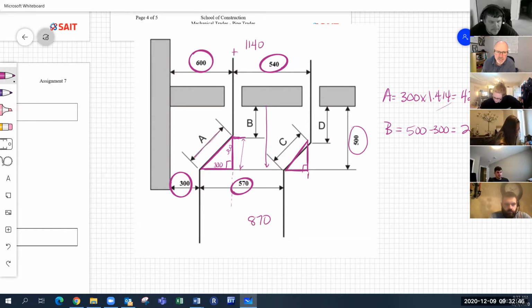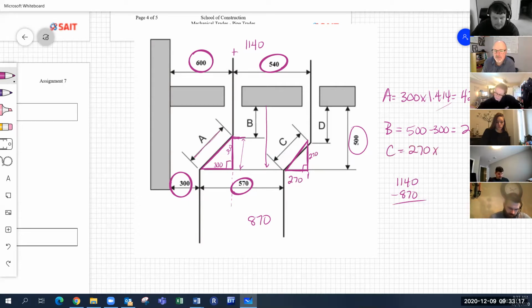And then I should be able to get what this measurement is right here. So I'm going to go 1140 minus 870. So this line right here is 270. So this rise right here is also 270. So C is equal to 270 times 1.414, 381.78. Yes, Alex, you were right.